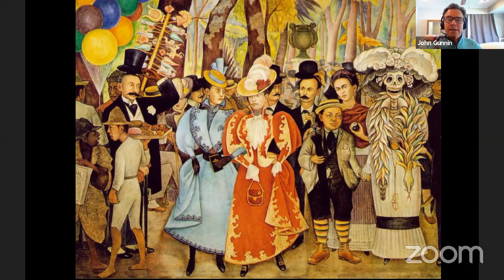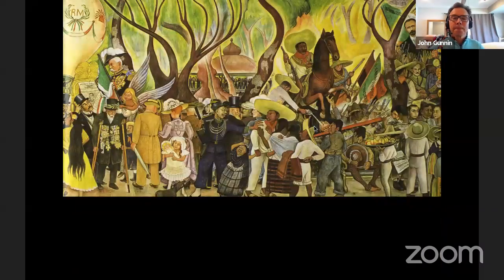The Alameda Park is a place in Mexico City, much like Central Park in New York, where people gather, they promenade, they walk around. And so in this case, he has figures from all of history walking around in this work, including some of the revolutionaries, different leaders of Mexico.